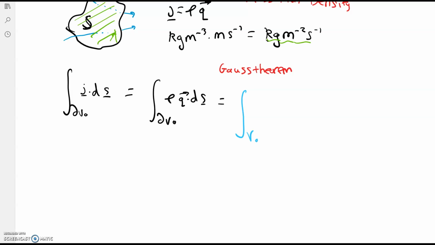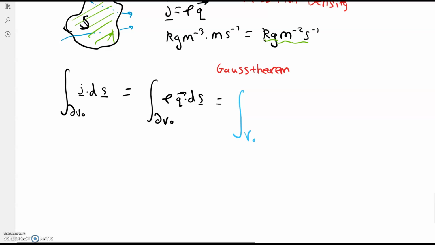Gauss's theorem says we have to put the divergence of J in here, and this is over V now. So we've gone from a surface integral over to a volume integral. And now we have a new representation of the mass outflow.